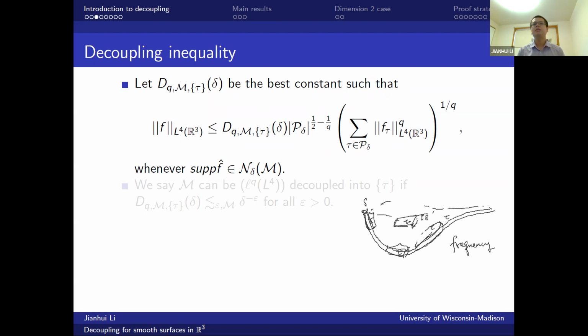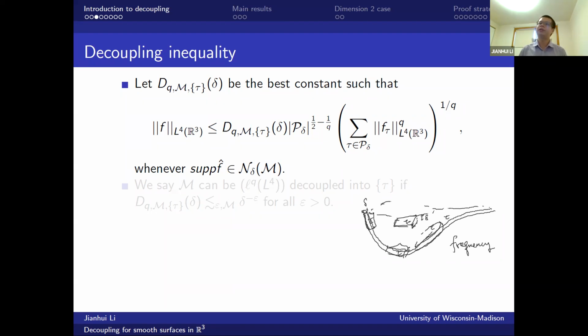What does that mean? It means that we start with a Schwartz function f. We want to bound the L4 norm of this Schwartz function by each individual piece of f restricted on these small caps tau, and we want to say how much we lose by considering this.